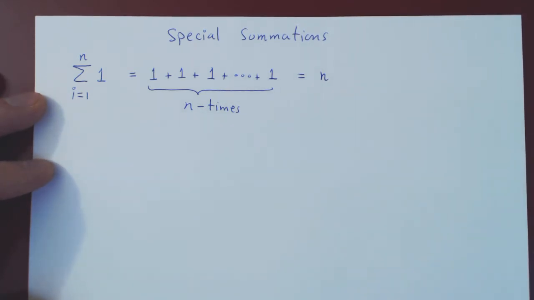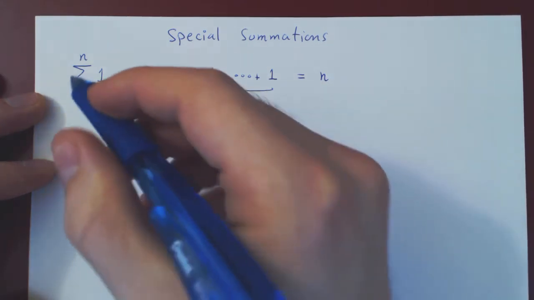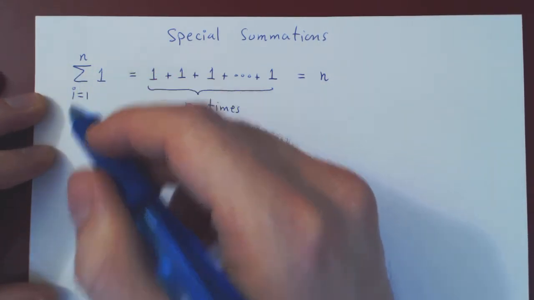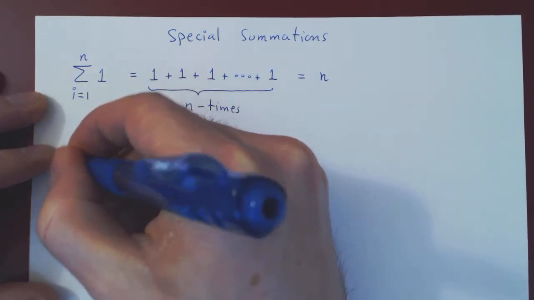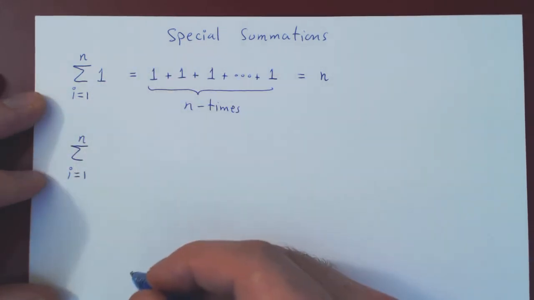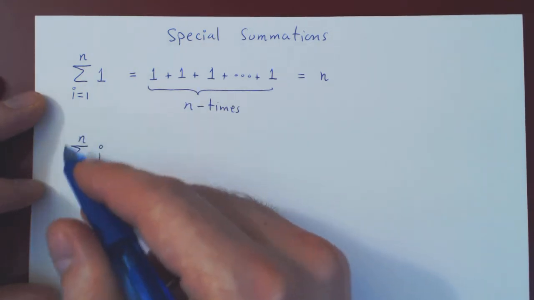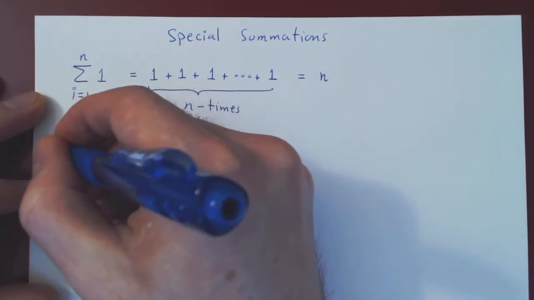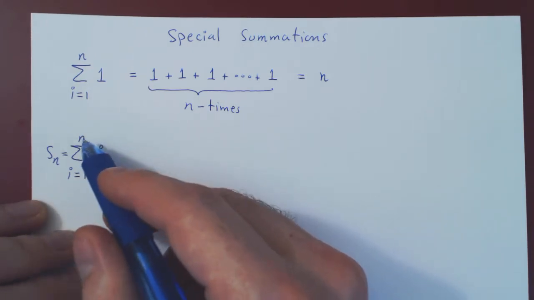Alright. You might think, well, this is not so interesting. Well, let's make it more interesting. Instead of adding up 1, let's add up i. Let's expand this. And I'll give this a name. I'll call it S, and you'll see why in a second. Well, Sn, I should say, because we're summing up to n.